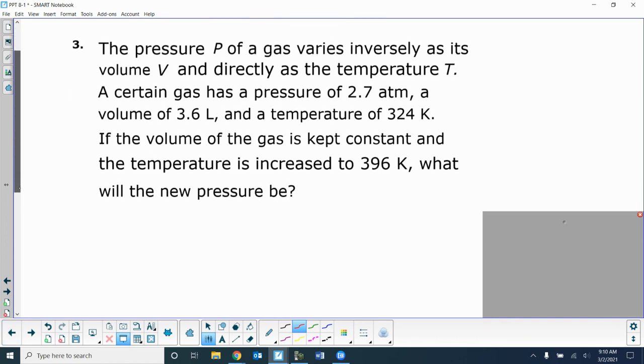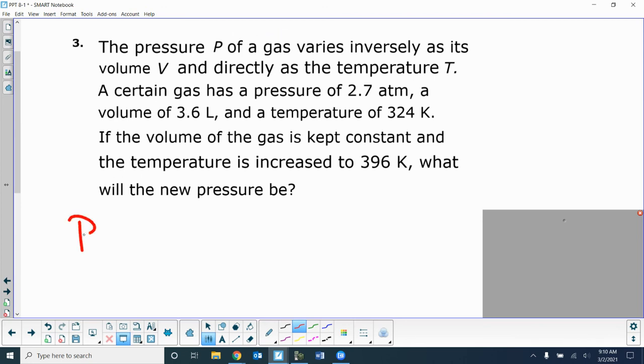So the pressure P of a gas varies, so equals K divided by, because it says what? Inversely, as its volume, V, and directly times the temperature, T. We okay with that? You don't have to write K once.